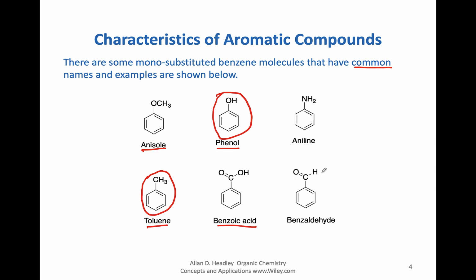Last one here is benzaldehyde. It has an aldehyde functionality bonded to the benzene ring. So that's benzaldehyde. As I mentioned, these common names have been used in naming molecules that have the benzene structure.